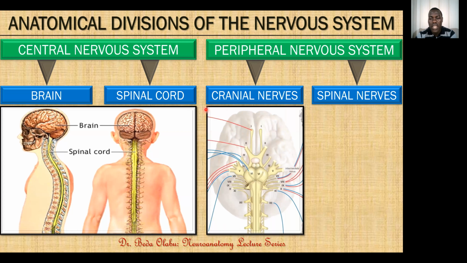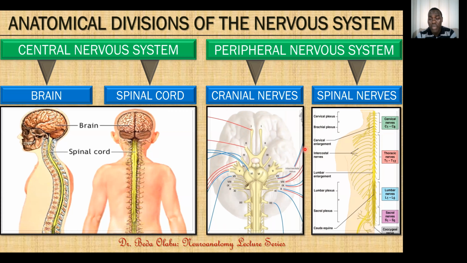The cranial nerves are a total of 12 pairs. They come from the brain, or at least they have attachment to the brain. The spinal nerves are a total of 31 pairs, 8 in the cervical region, 12 in the thoracic region, 5 in the lumbar segment, 5 in the sacral segment, and 1 for coccygeal segment, a total of 31 pairs of spinal nerves.